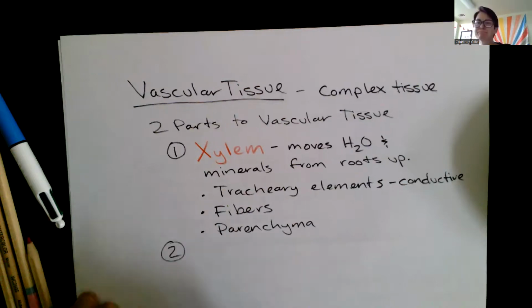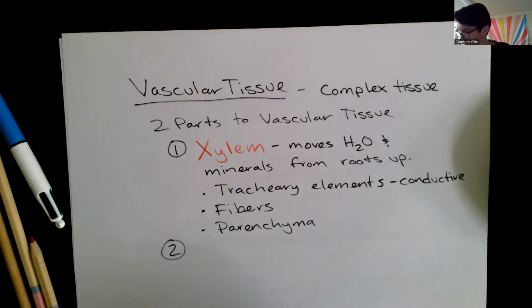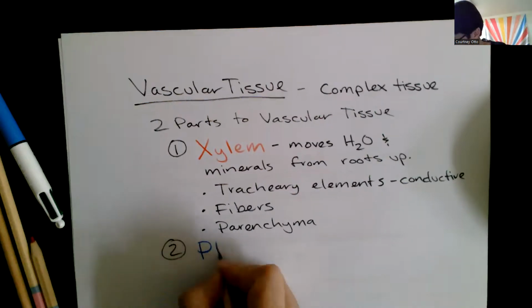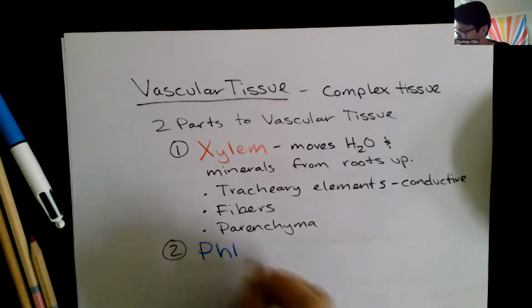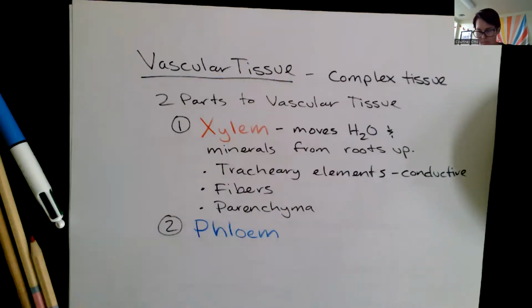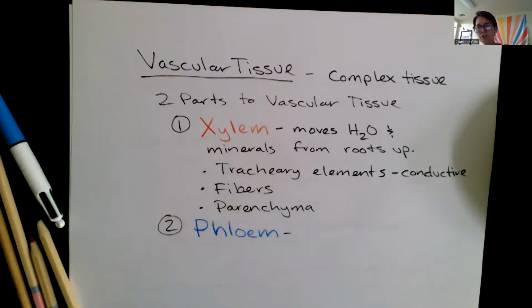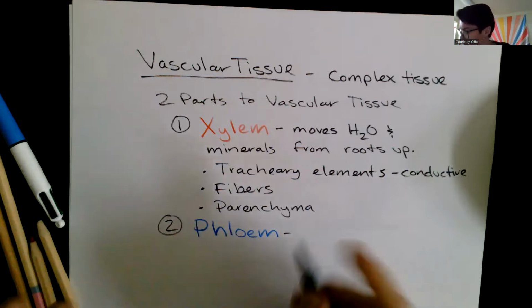Our other component to our vascular tissue system is phloem. And phloem, I always want you to have in blue in your drawings. Now, phloem is going to be responsible for moving sugars from the leaves or whatever's photosynthesizing to wherever they're needed.